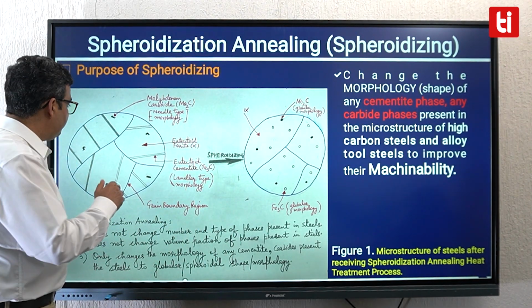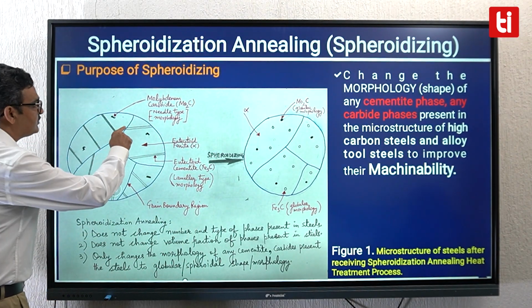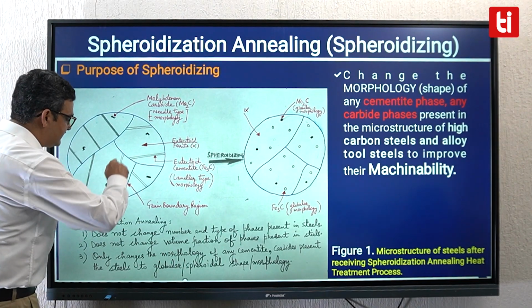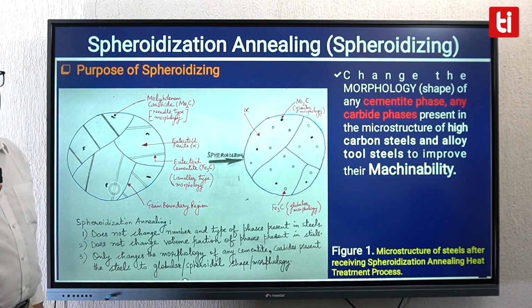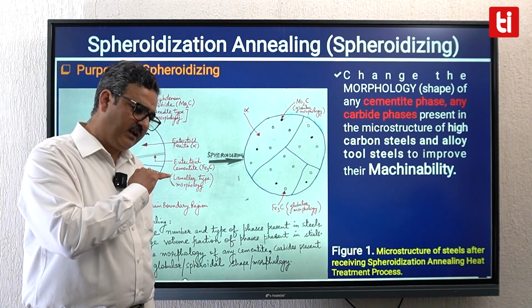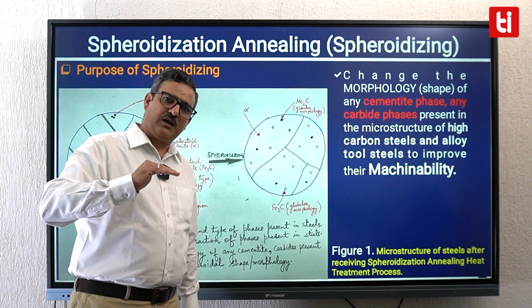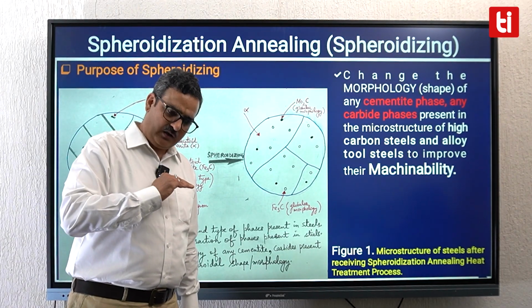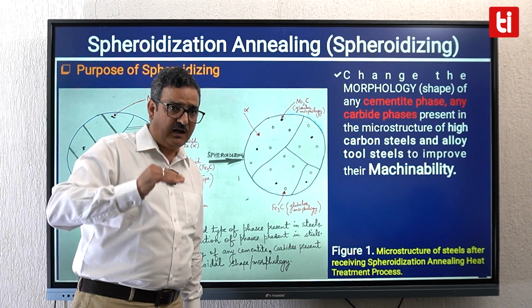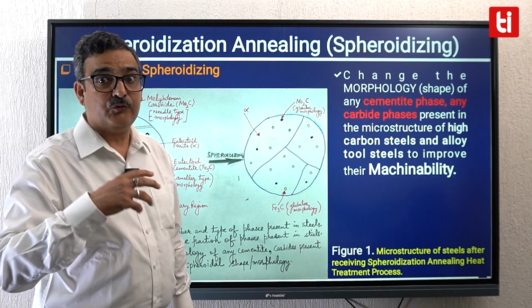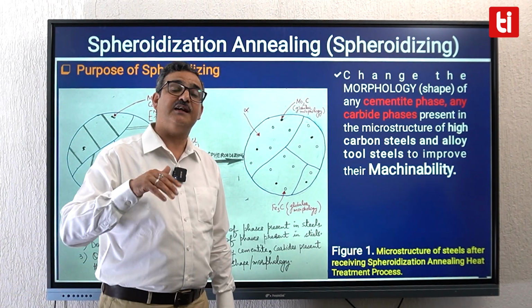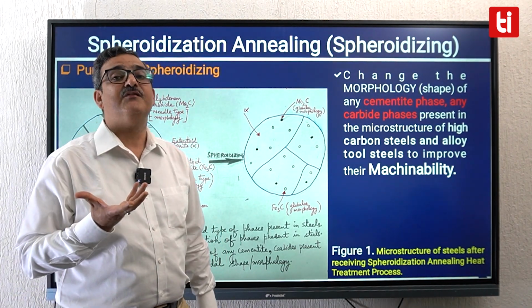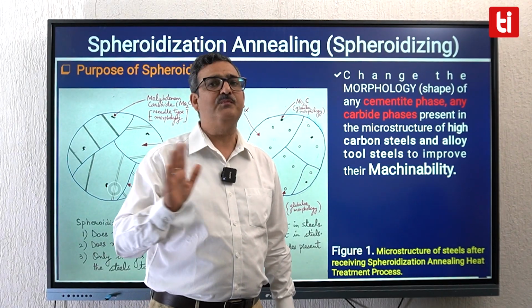Now if your high carbon steel has this lamellar type of cementite present in it, students, cementite is a very hard phase. So when the cutting starts, every time your cutting tool encounters this hard cementite phase, the force required for machining would be large, and the resulting surface finish would not be good.